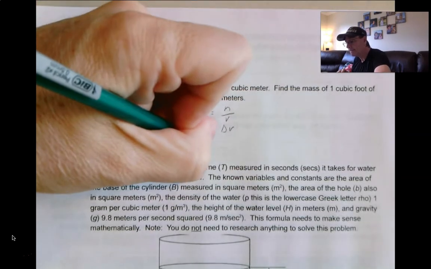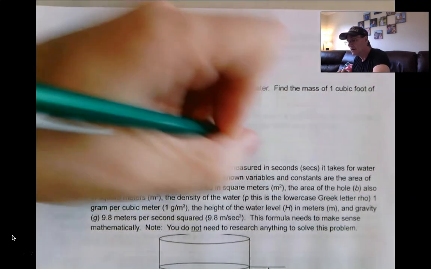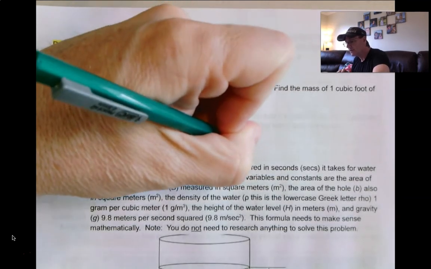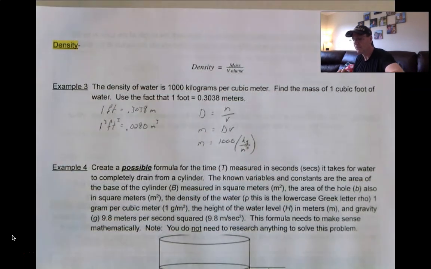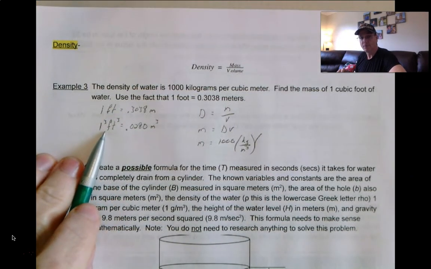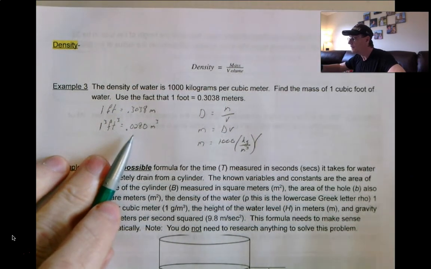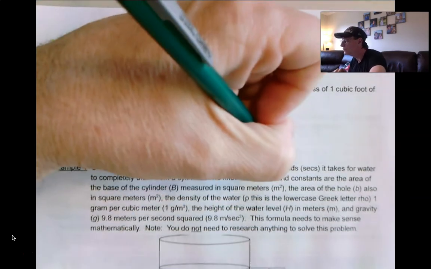Mass is equal to 1,000 kilograms per cubic meter times the volume. 1 cubic foot, we just found out, is 0.0280 meters cubed.